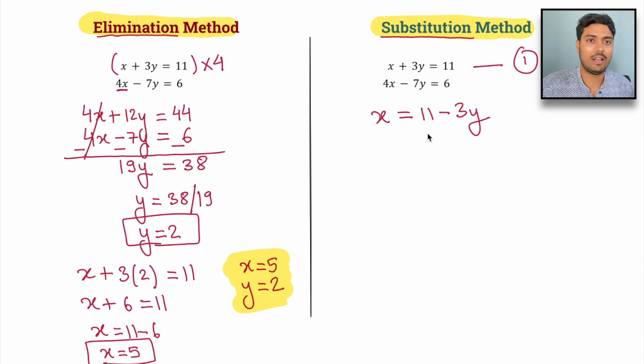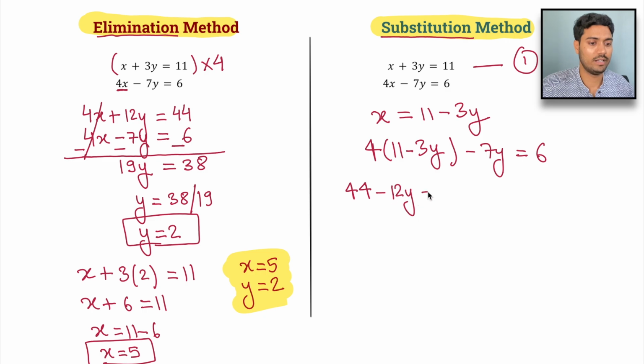and substitute the value of x in the second equation. So we can write 4 times 11 minus 3y, minus 7y equals 6. So 4 into 11 is 44, minus 4 into 3 is 12y, minus 7y equals 6.